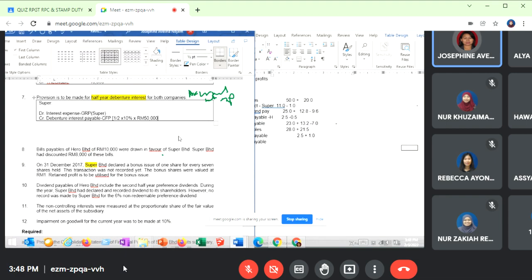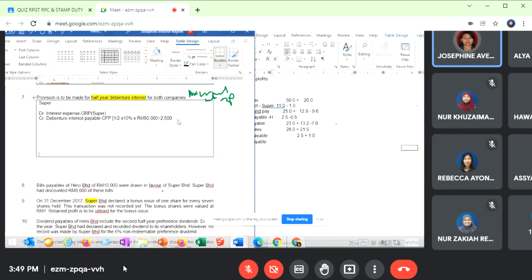So that will give you 50 times 1 divided by 2. That's 2.5. Right, 2,500.